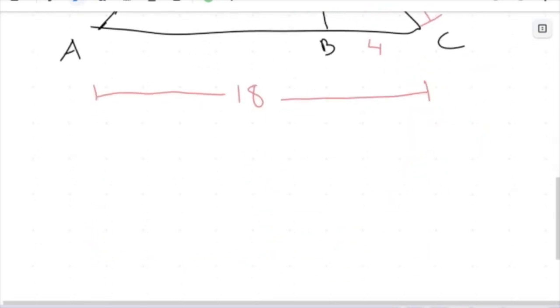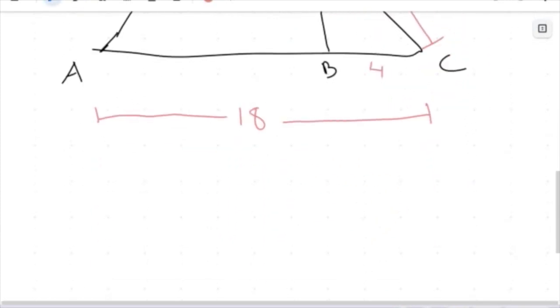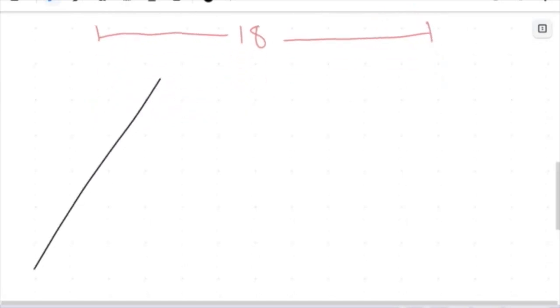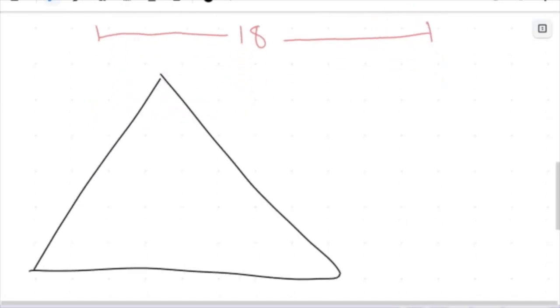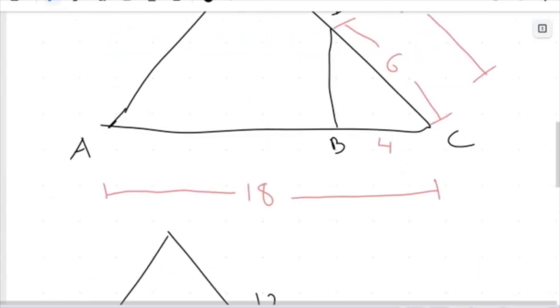I'm going to keep my original picture because that's going to help me with another part of my question, but I'm going to redraw these as two separate triangles. Often when you get questions like this where it looks a little bit hard and strange to get your head around, I try to separate them and then work through them one by one.